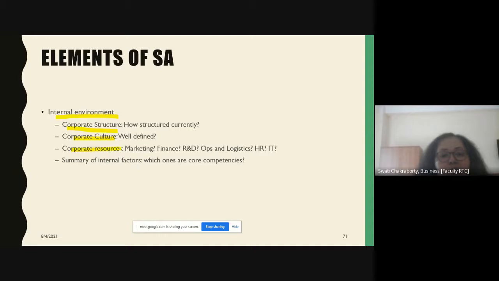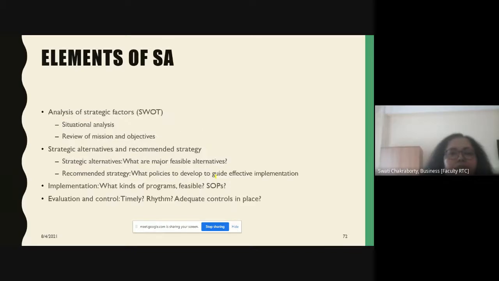Corporate resources, that is where we talk of the different departments. Are they fully equipped? Do they have the right kind of structure, the right resources? Do you have the right kind of marketing and research department? Marketing, everything is there. And then a summary of the internal factors to see which ones are the core competencies, right?